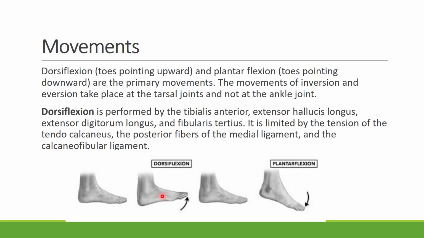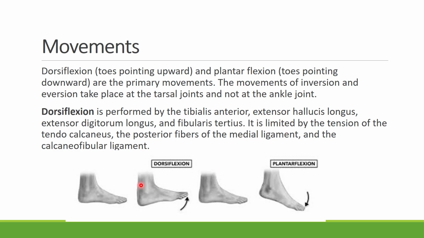Dorsiflexion is produced by the tibialis anterior muscle, extensor hallucis longus, extensor digitorum longus, and fibularis tertius muscle. These four muscles are the muscles of the anterior compartment of the leg, and the movement is limited by the tension of the tendocalcaneus, the posterior fibers of the medial ligament, and the calcaneofibular ligament.